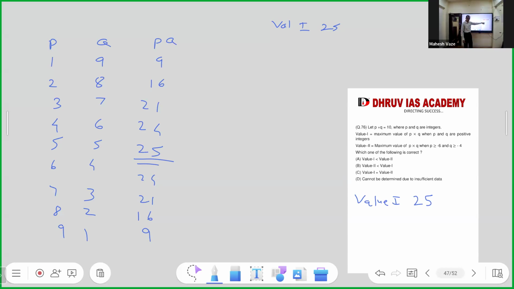P greater than or equal to minus 6 means P can be minus 6, minus 5, minus 4, minus 3, or P can be plus 5 also. Same way Q is greater than or equal to minus 4, so Q can be minus 3, minus 2, minus 1, 0, or it can also be 5. So in these conditions also the value can be 5, so the product can be 25 again. So value 1 equals value 2, the maximum value.